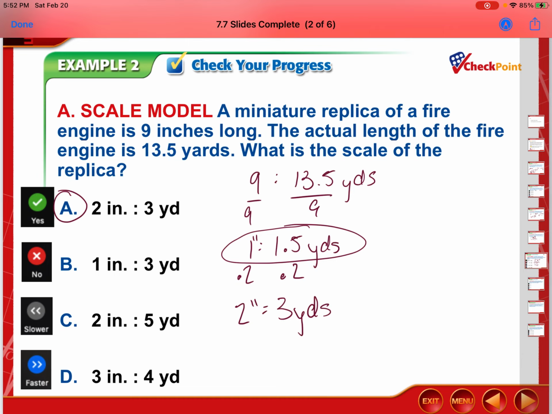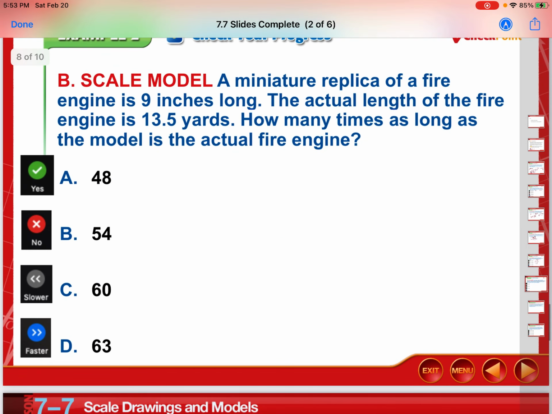So 1 to 1.5 yards, or 1 to 9 miles, or 1 to 3.2 centimeters, whatever it is. Once it's in that base unit format, then no matter what we multiply it by, we at least can do one of them in our head. So whatever times 1 is going to be that original number.